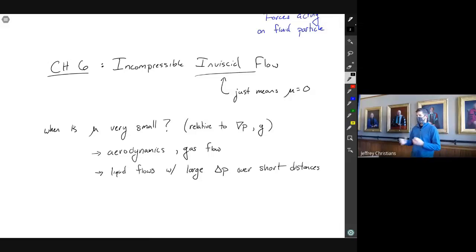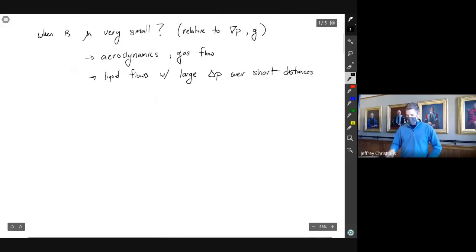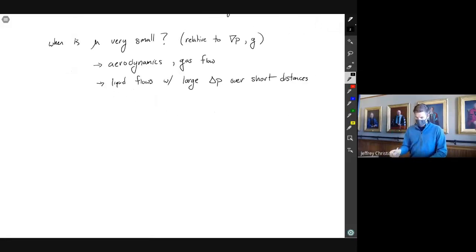So again, if that pressure term is dominating, that's when this often is the case. If that's the case, then we get what we call Euler's equations.